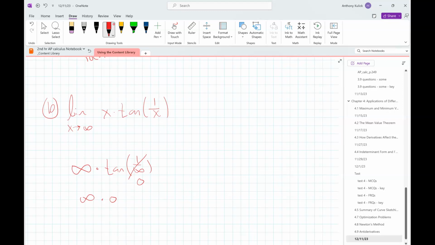So I have to rewrite this problem as a fraction. I saw a lot of people check to see if it was indeterminate, which was great. Very few of us that went ahead and applied L'Hopital at that point wrote it as a fraction. So how can I rewrite x times tan of 1 over x as a fraction?